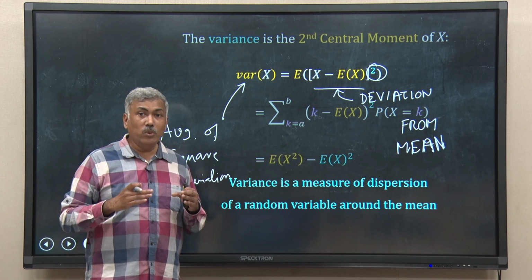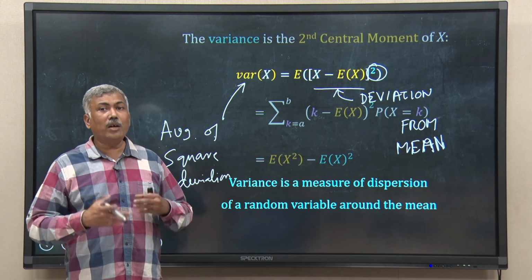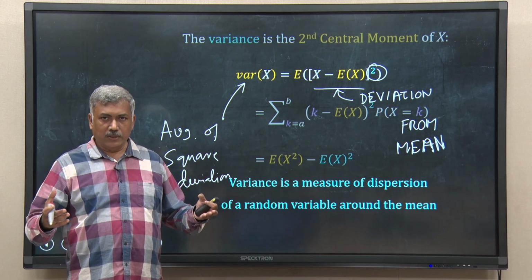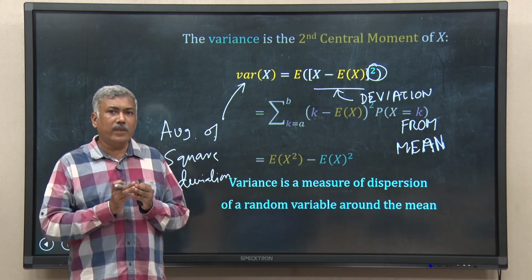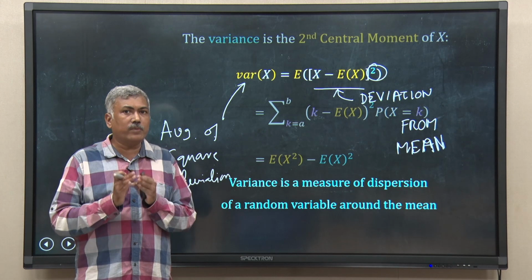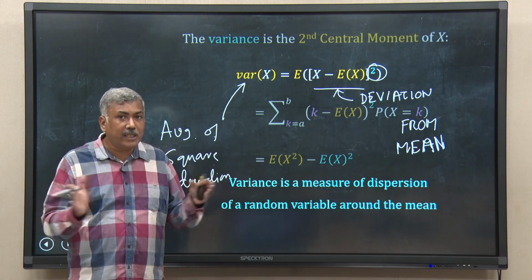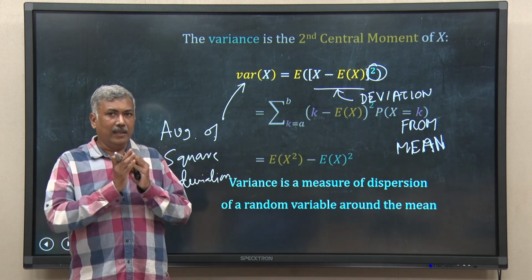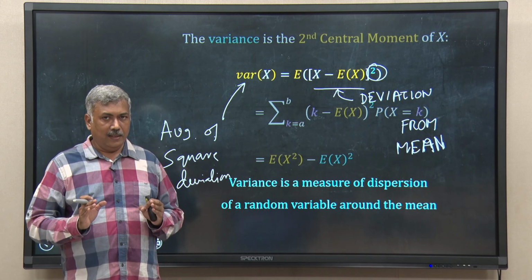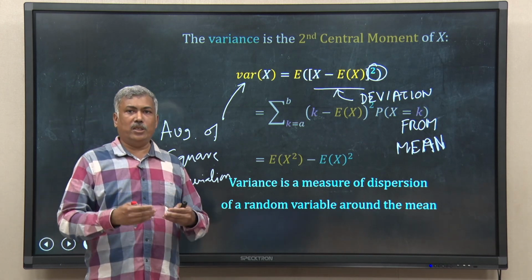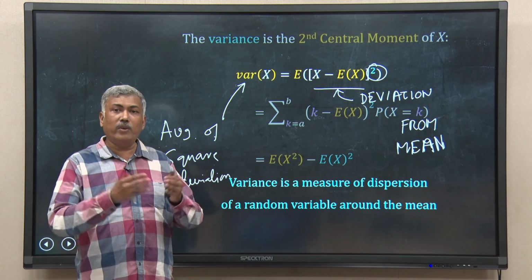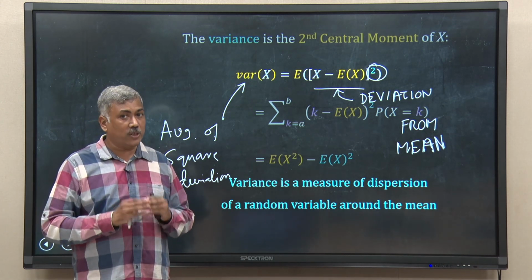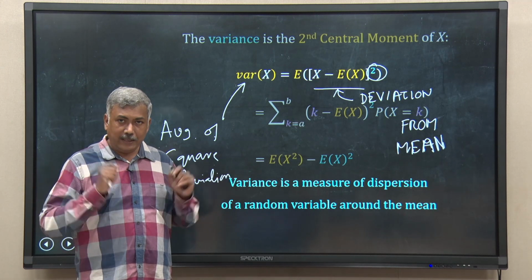So, you are taking the mean of squared deviation. For some data points the deviation is very large, for some the deviation is very low, I am talking of deviation from the mean, and you are averaging those squared deviations. So, you are getting variance, and as it is the average or expected value of a square thing, remember square things are always positive, variance has to be positive always, right.